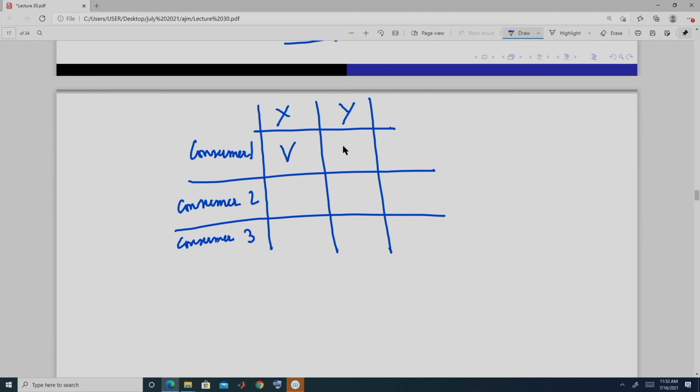Consumer 1 values X at this and Y at 0, consumer 3 values Y at this and X at 0, and suppose consumer 2 values both at A. This is one of the simplest configurations we can have, but you can complicate it, only then the calculations will be more complicated. Consumer 1 buys good X if B is this. Consumer 2 buys X if A minus B.